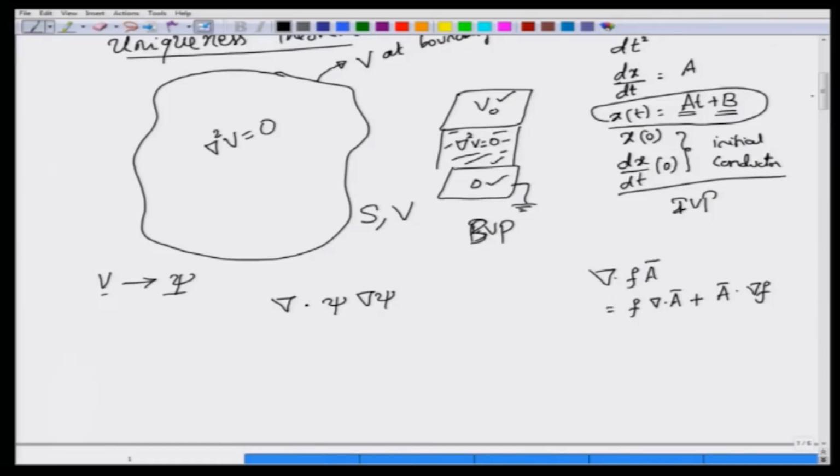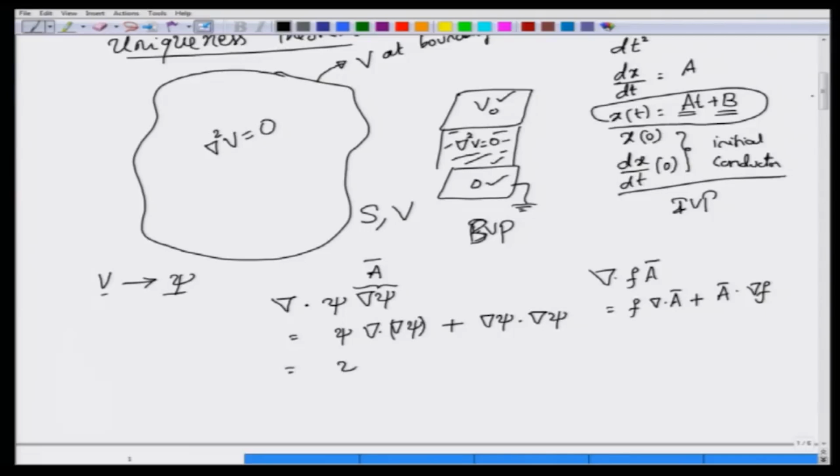So, you have divergence of psi gradient of psi. This would obviously be equal to psi del dot gradient of psi plus gradient of psi dot gradient of psi, because the vector field A is gradient of psi for us.